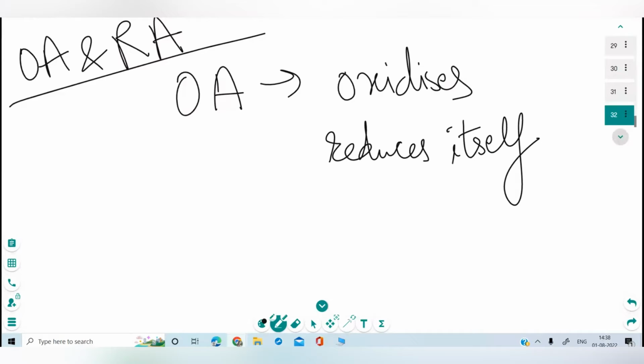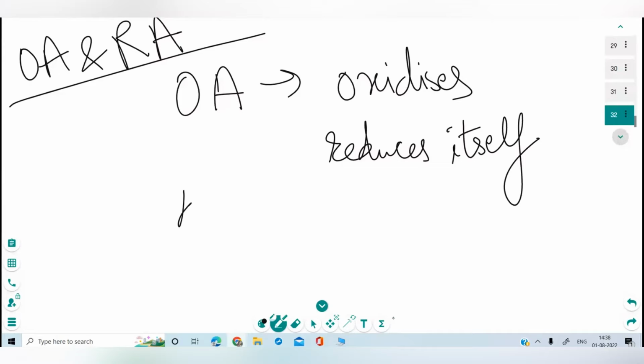Those reagents in which oxidation number decreases or which undergoes gain of electrons in a redox reaction are termed as oxidants.